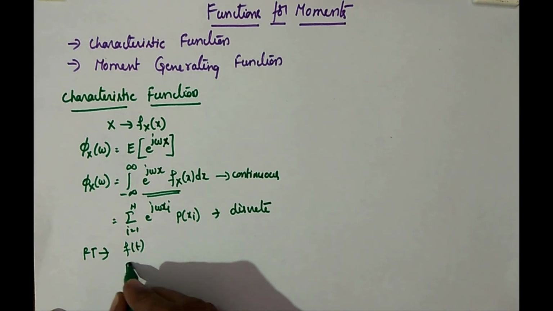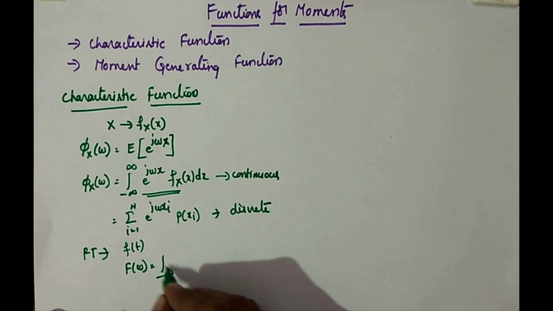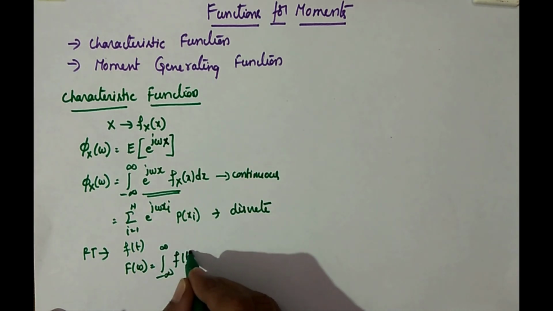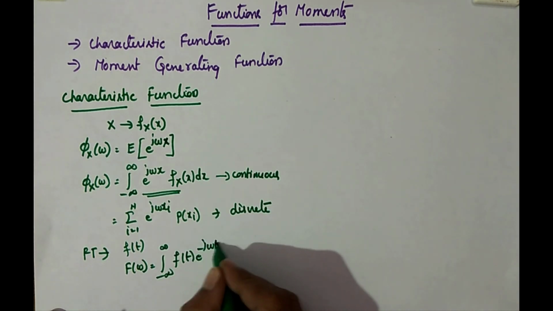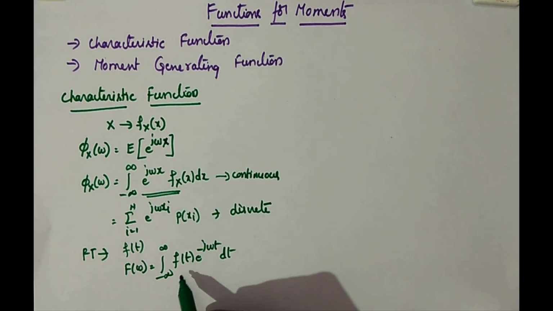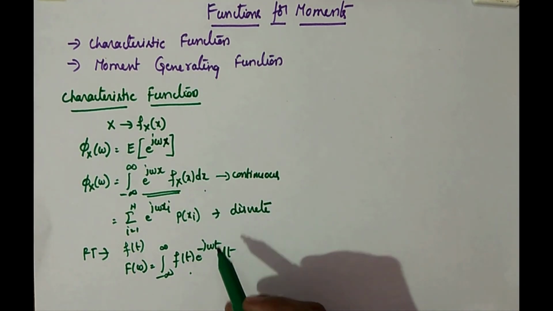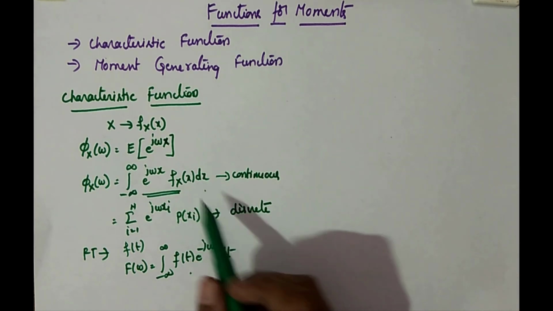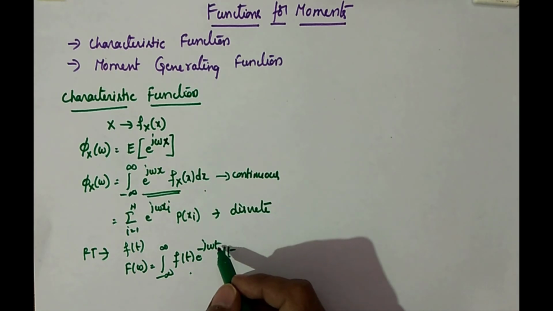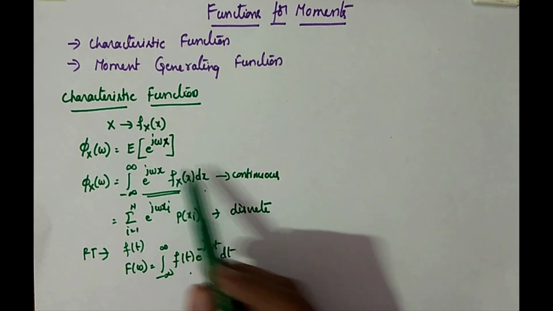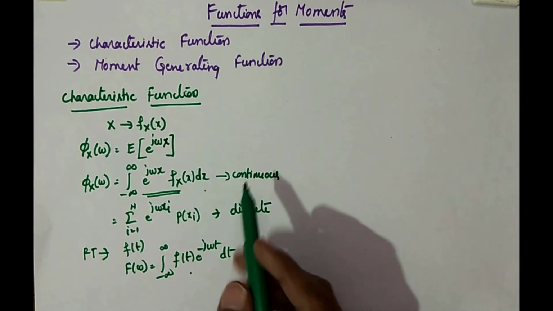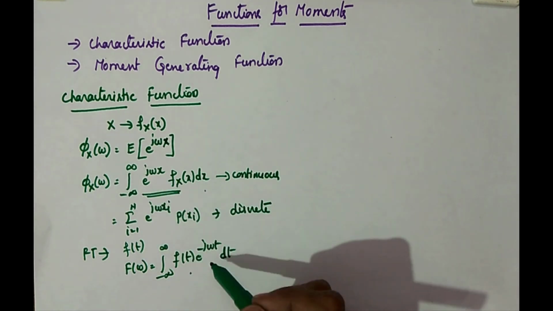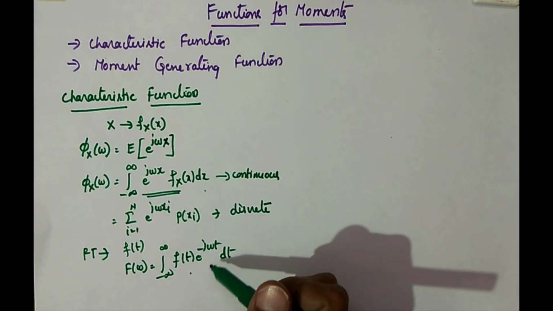The Fourier transform is represented by F of omega, and F of omega is equal to the integral from minus infinity to infinity of f of t into e power minus j omega t dt. If you compare this and this, what is the difference? Here the function is f of t, here the function is the density function. Instead of e power minus j omega t, here it is e power j omega x. So the only difference is the negative sign.